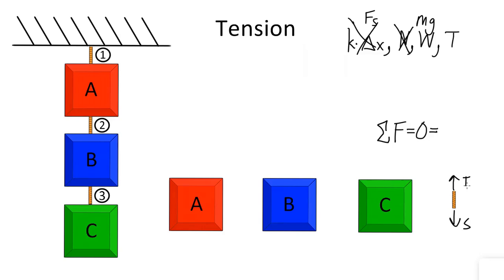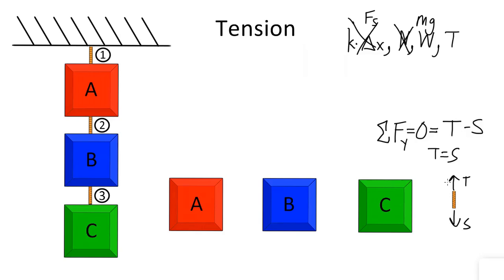You're probably thinking to yourself, well, my teacher and all the other physics classes I've taken before said tension is constant throughout a rope. Well, that's true, so let me just show that real quick. If we do the sum of the forces right here, we get T minus S. T is heading in the positive direction, S is in the negative direction. Actually, that's the y direction. So in the end, you get T equal to S. So tension is just constant throughout any rope, whether it's moving or staying still.